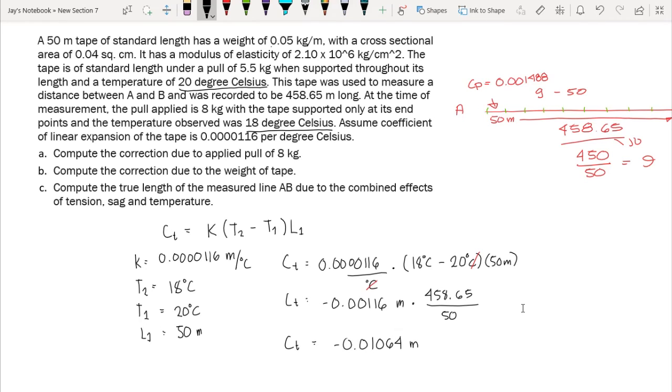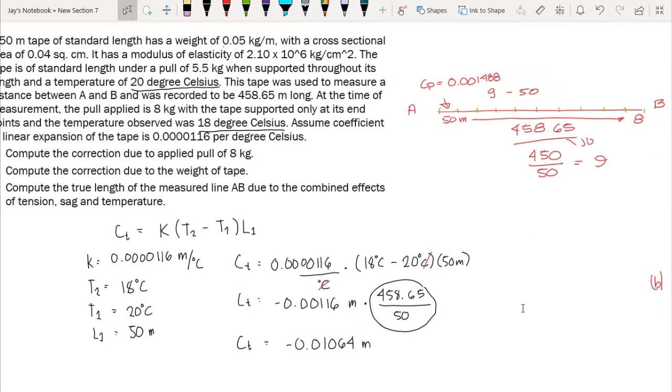So we have the total temperature correction, which is equal to negative 0.01064 meters. Now take note, para hindi ka na mag-multiply ng 458.65 divided by 50, you can use L directly equal to 458.65, just like this one: 0.0000116 times 18 minus 20 times 458.65.